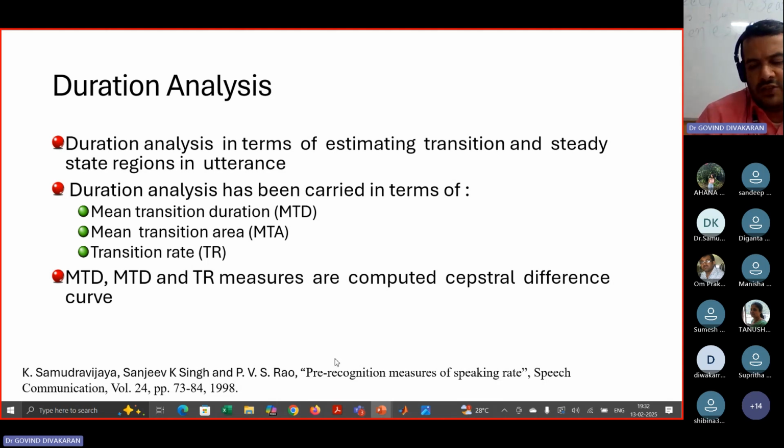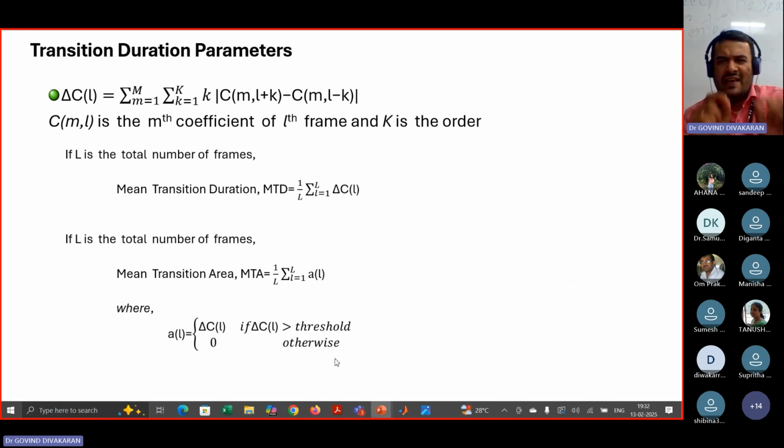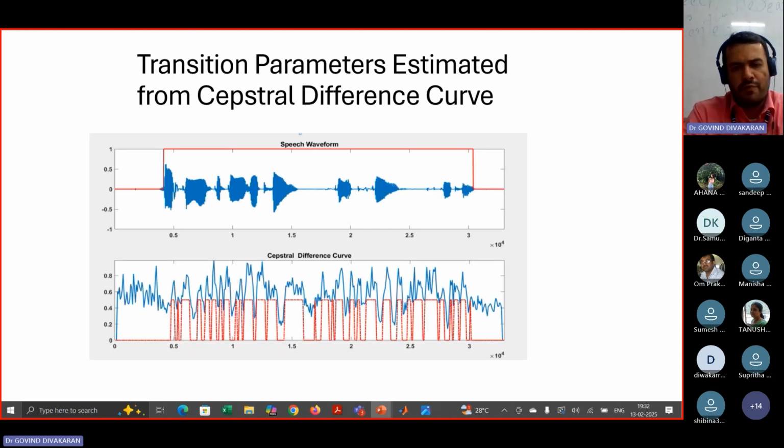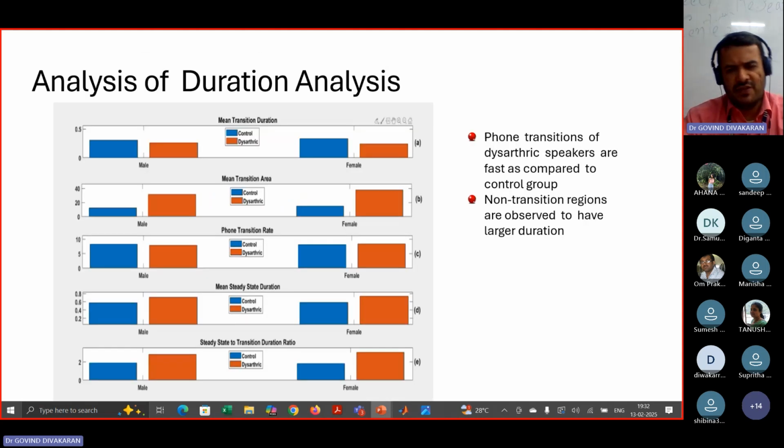We applied it to automatically estimate the transition durations of dysarthric patients and healthy speakers, especially in the transition regions. This is how we compute the transition regions.